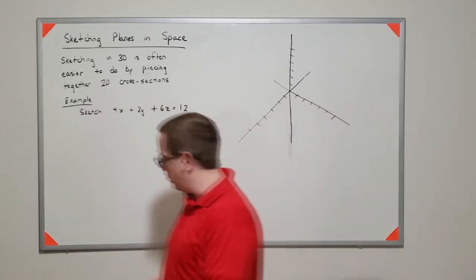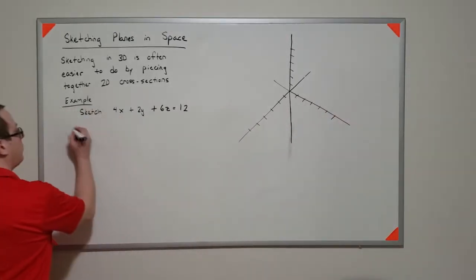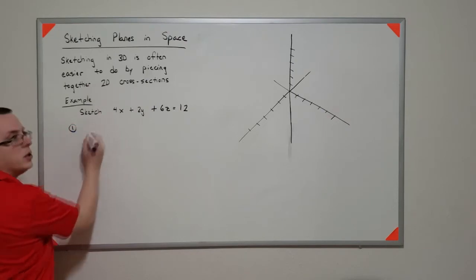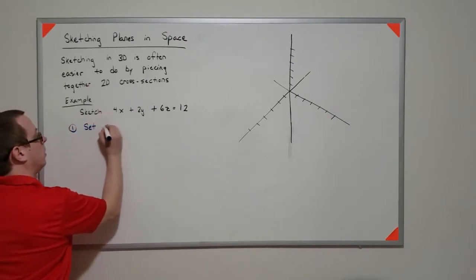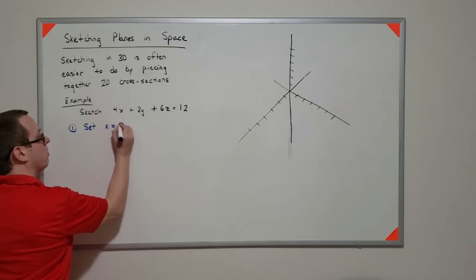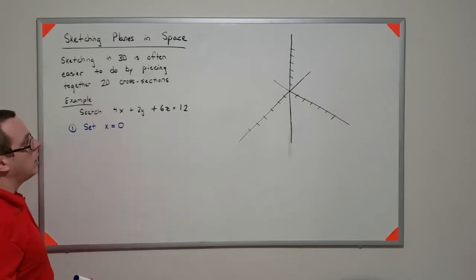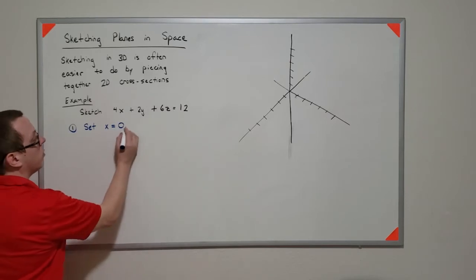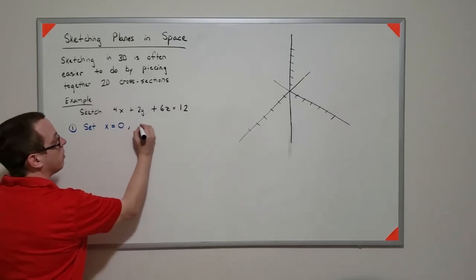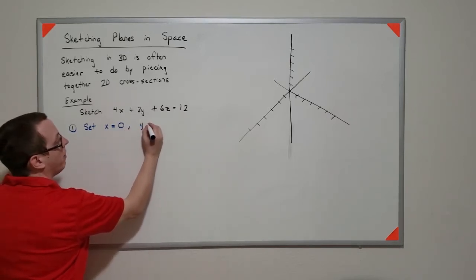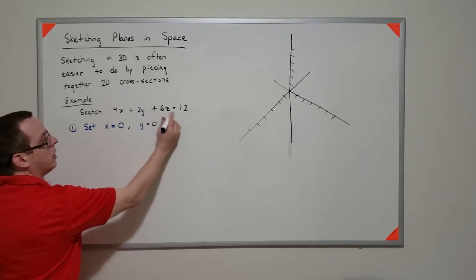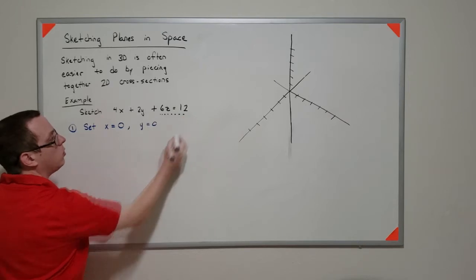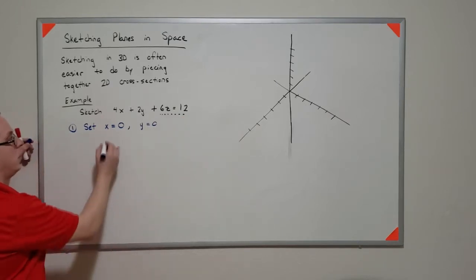So the first thing we're going to do is set the x value to 0. And we're going to set not only the x value equal to 0, we're going to set the y value equal to 0. So that would leave us only with that piece.